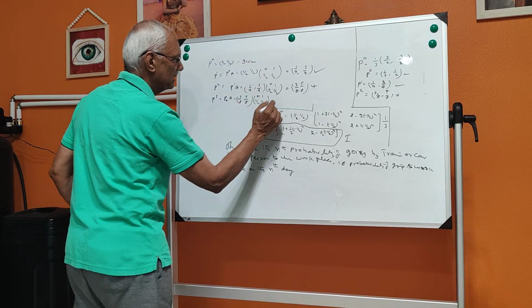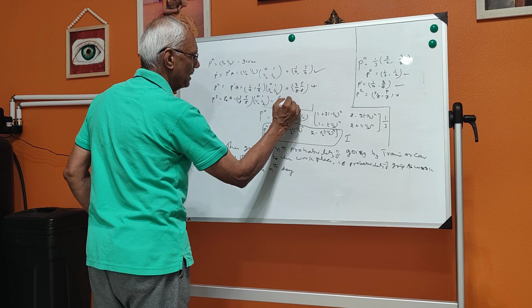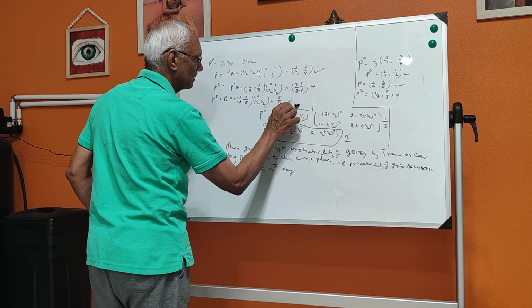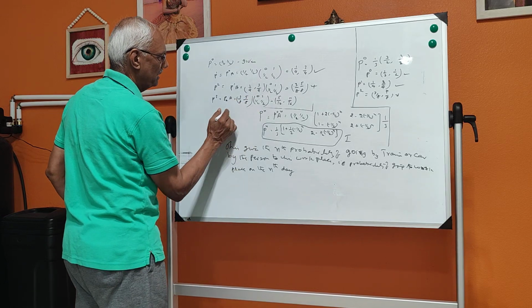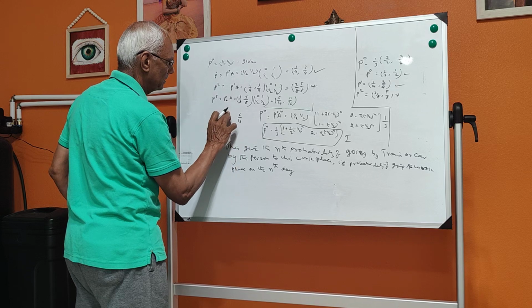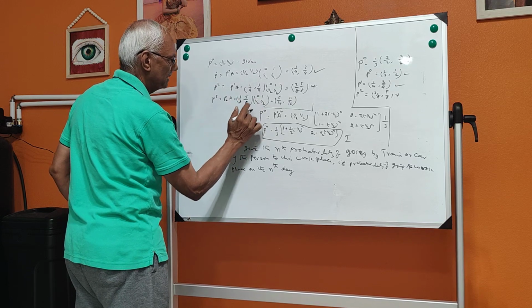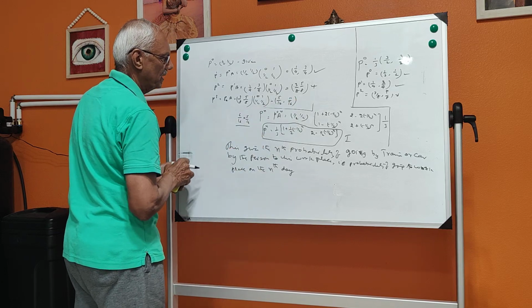Then you just do this. It is 3 by 8, which is 6 by 16, plus 5 by 16. You add and you get 11 by 16.